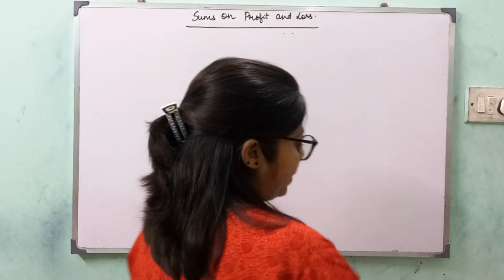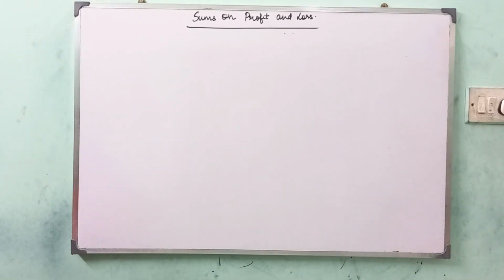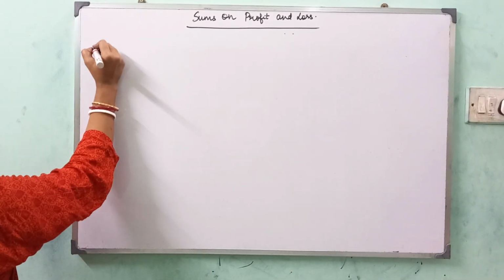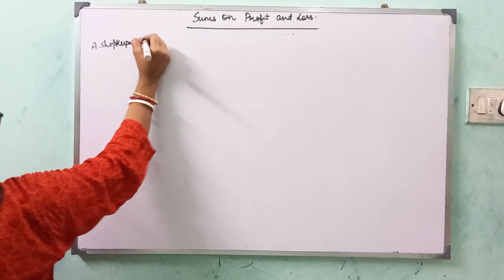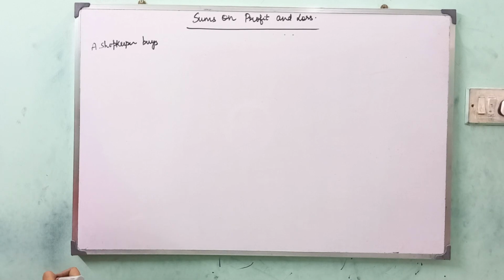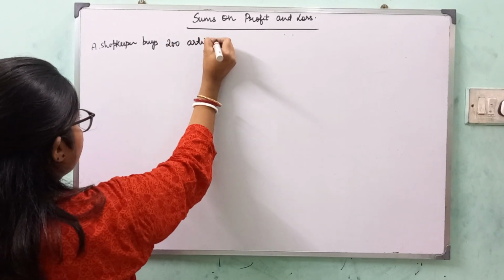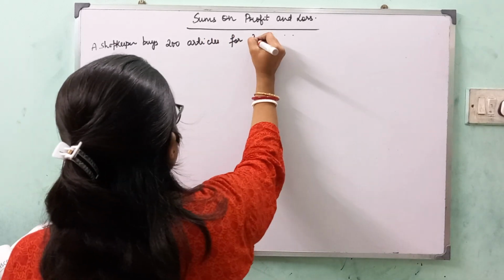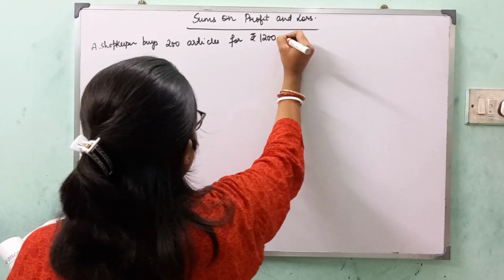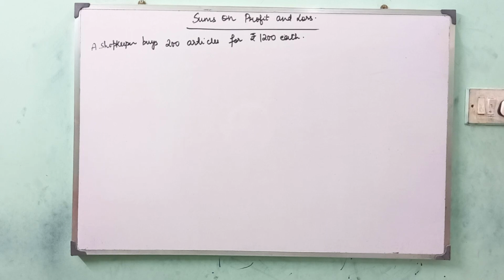Now we will do one sum based on your overhead expenses. Suppose a shopkeeper buys 200 articles for rupees 1200 each.